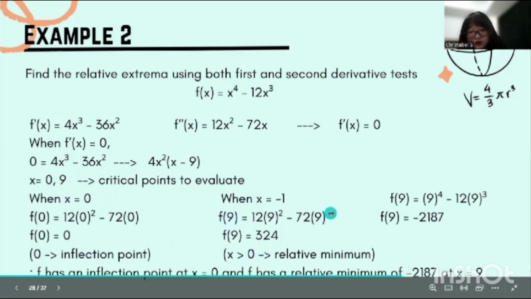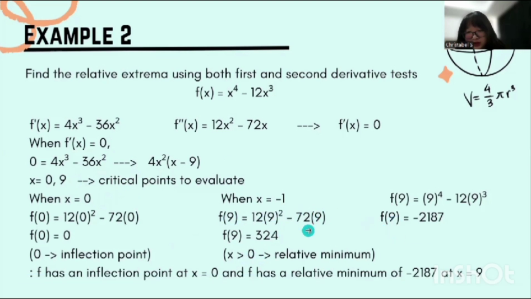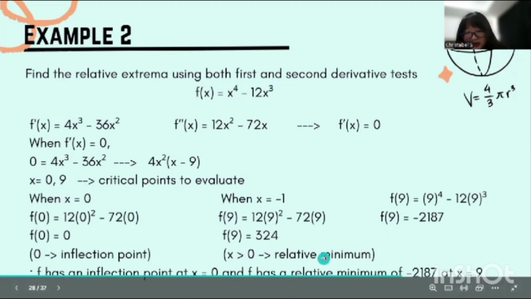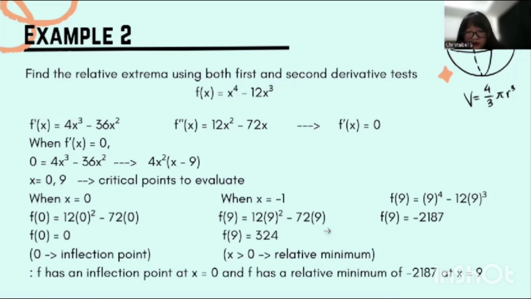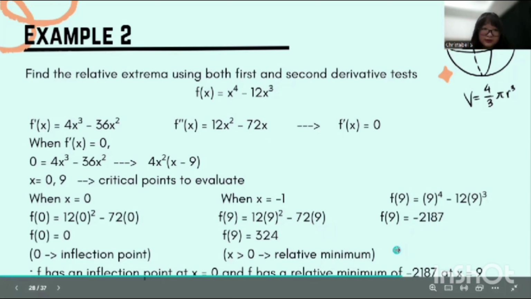Now to find the relative minimum at that point, x equals 9, we just need to substitute 9 into the original equation, x to the power of 4 minus 12x to the power of 3, and we will find that f has a relative minimum of negative 2186 at x equals 9.